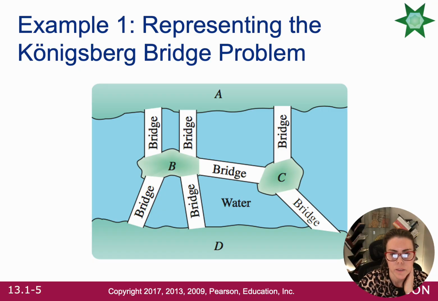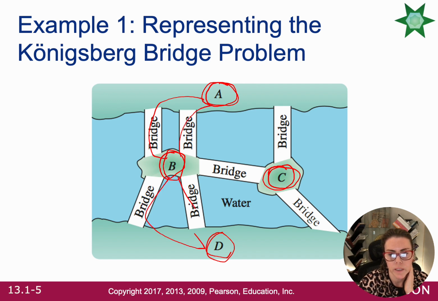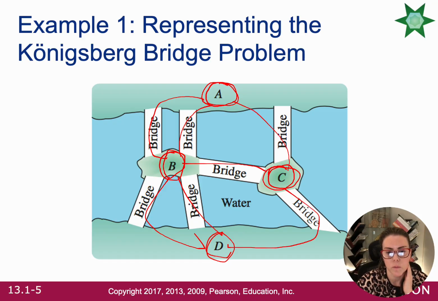And you could see here's a landmass, which could be represented with a vertex. Here's another one, here's another one, and here's another one. And then the bridges themselves can be represented with edges. And so we can create a graph to help us analyze this scenario a little better.